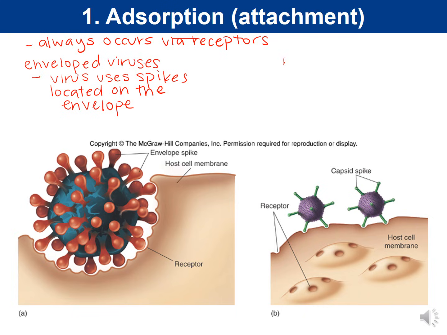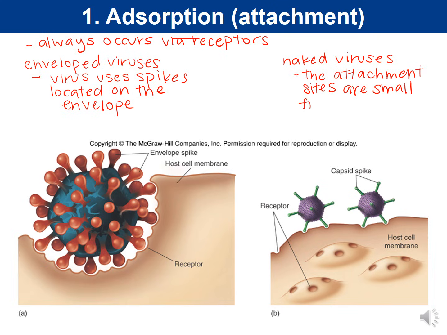On the other side of this are naked viruses, otherwise known as our non-enveloped viruses. The attachment sites are small fibers on the corners of the icosahedron.